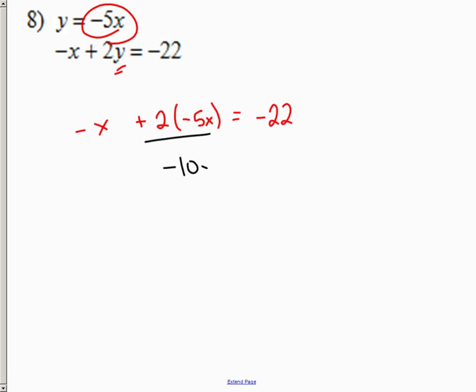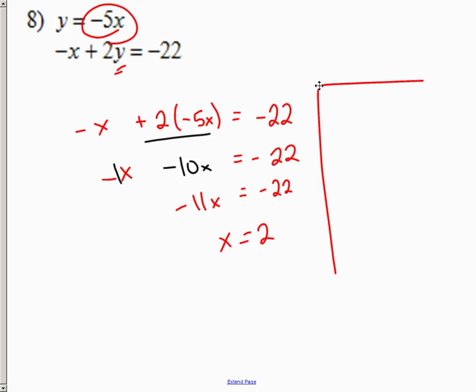That'll give us a negative 10x when we multiply these two values together. This is the same as the negative 1x if you want to look at it that way. Keep change, so it'd be negative 1x plus negative 10x, or your final answer is negative 11x. Divide both sides by negative 11, and x equals positive 2.